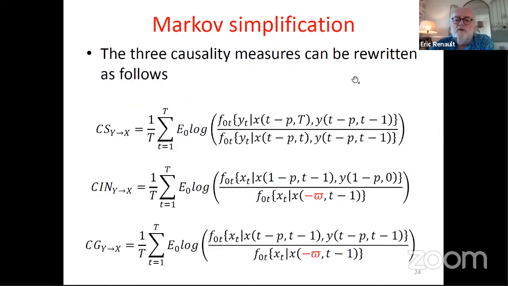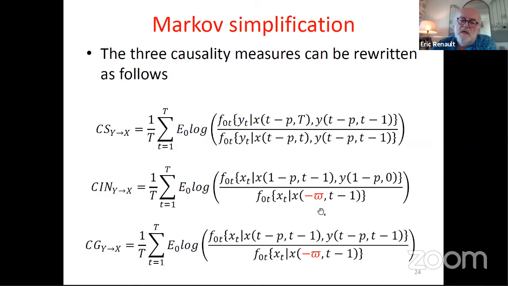If you want to use the fact that you now know that jointly X and Y have Markov order P, it means, of course, that here I can look at only P lags, here I can look only at P lags, and so on. However, I stress in red that here I cannot look only at P lags. Why can't I?